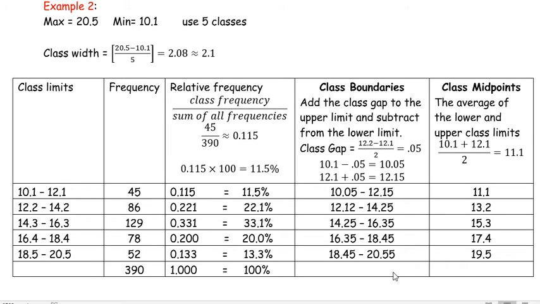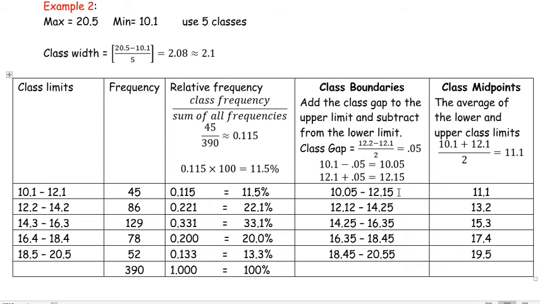And then what we do is we take the lower class limit and subtract the class gap to get the lower class boundary. And we take that class gap and add it to the upper one to get the upper class boundary. So you can see that for 10.1, we have 10.05 because we subtracted that.